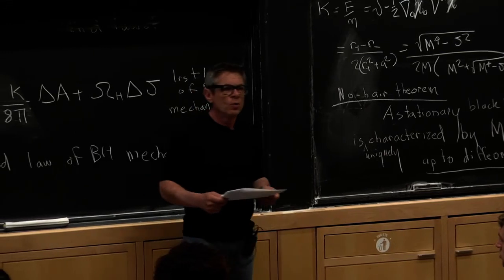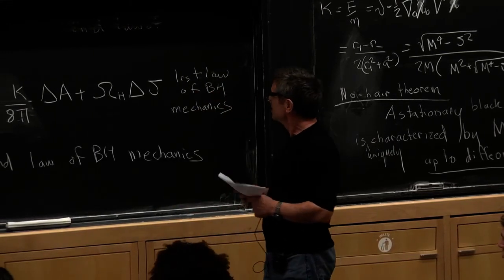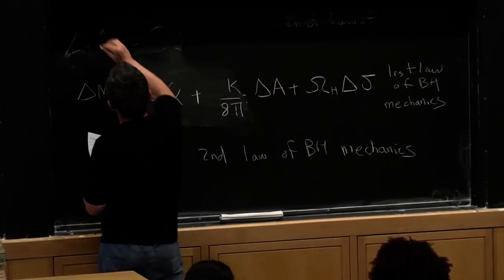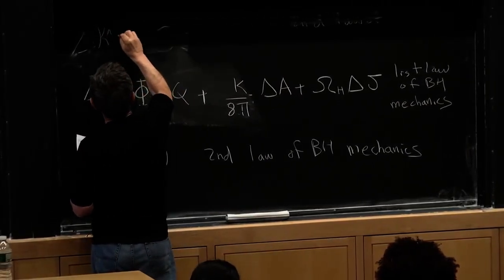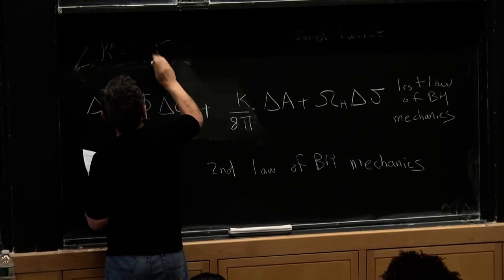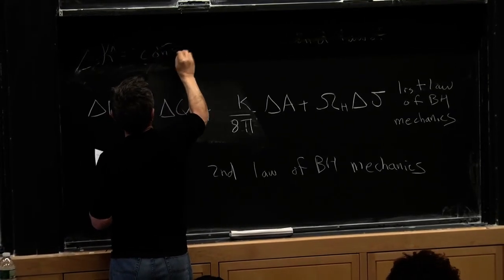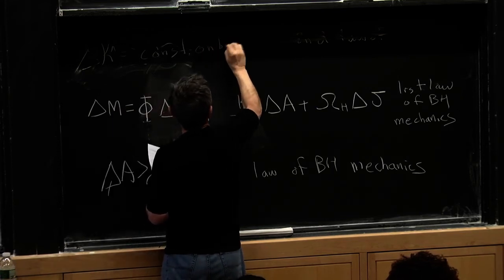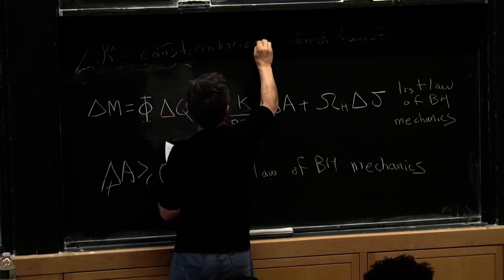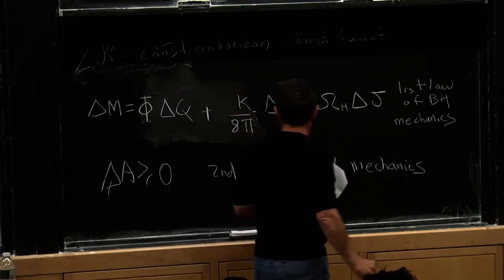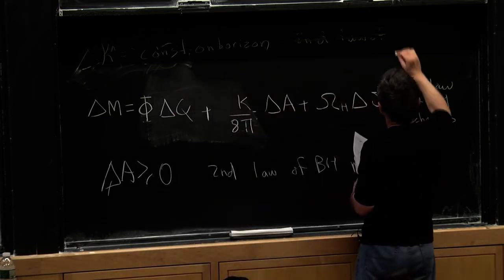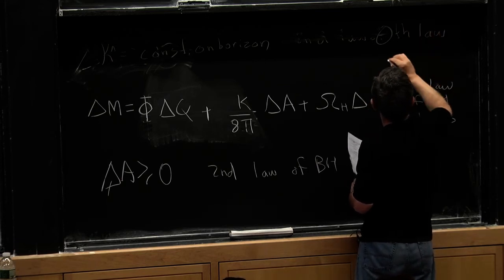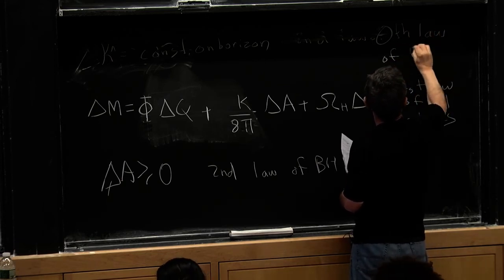So one other thing I want to say here is that you can also show what's sometimes called the zeroth law, that kappa, the surface gravity, is equal to a constant on the horizon. So this is the zeroth law of black hole mechanics.